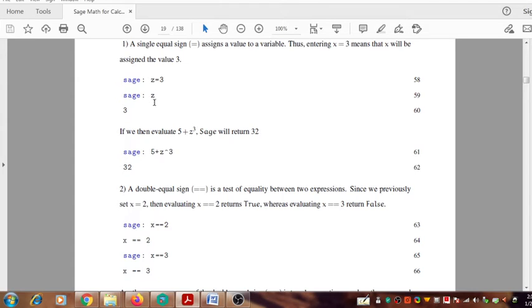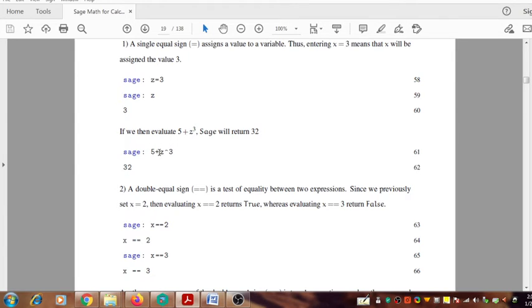So z contains the value 3, and you have written an expression 5 plus z cube. Then if you take the output, automatically the value stored at the place of z will be entered at the place of z, and then the whole expression will be calculated.